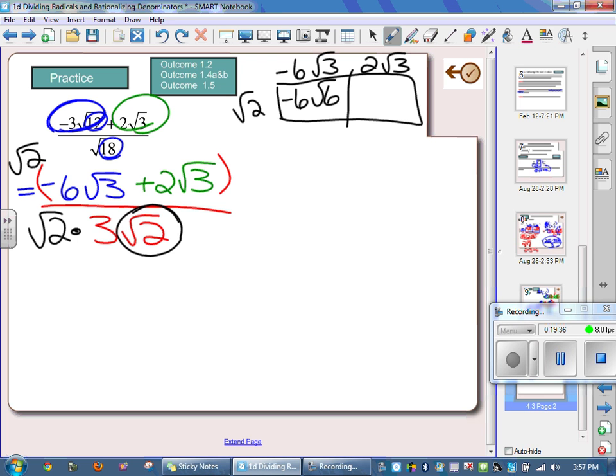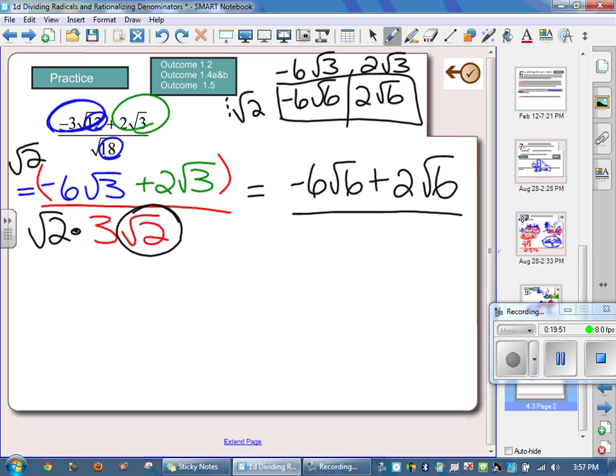So my top becomes negative 6 root 6 plus 2 root 6, all on top of what I have on the bottom. Now my bottom: there's a hidden 1 in front of my root 2, so the 3 and the 1 multiplied give me a 3. The root 2 and root 2 multiplied give me root 4, which solves to be a 2. So I've got 3 times 2 to give me 6. So my bottom number is a 6.